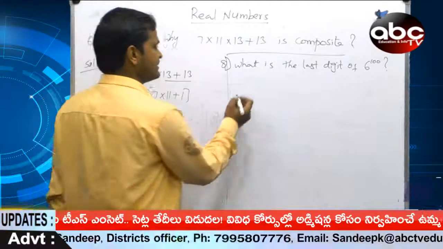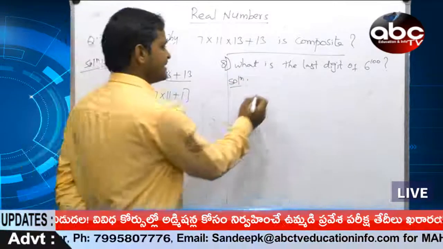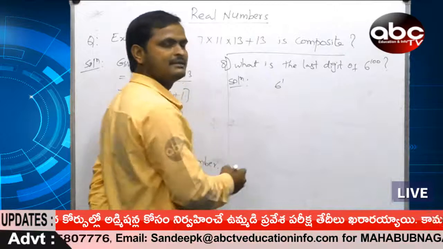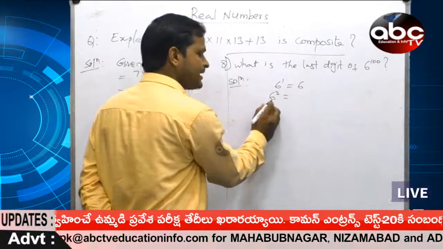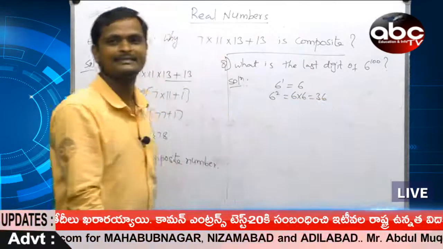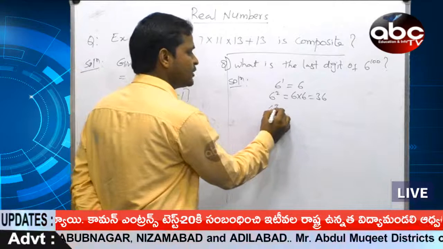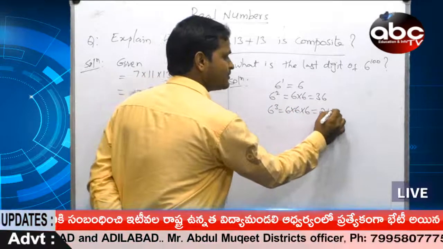See students, already we know that 6 power 1 is equal to 6. 6 square is nothing but 6 into 6, that is 36. 6 cube is nothing but 6 into 6 into 6, that is 216.